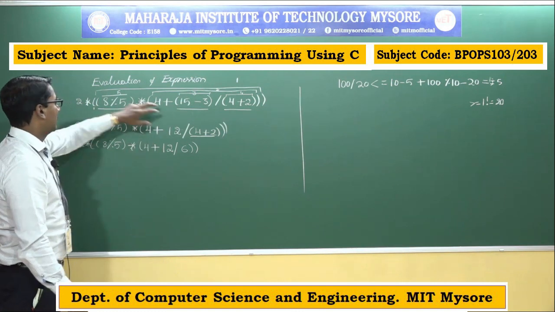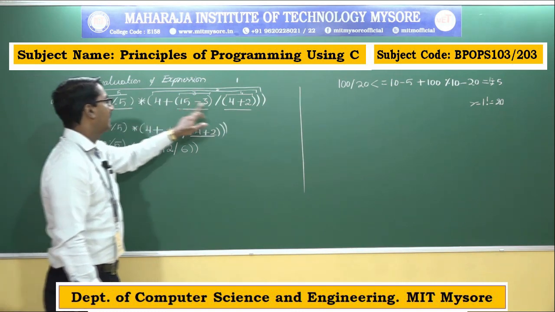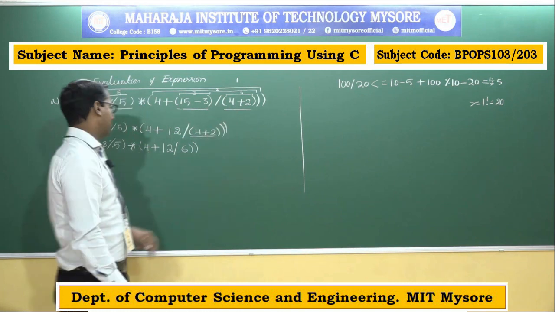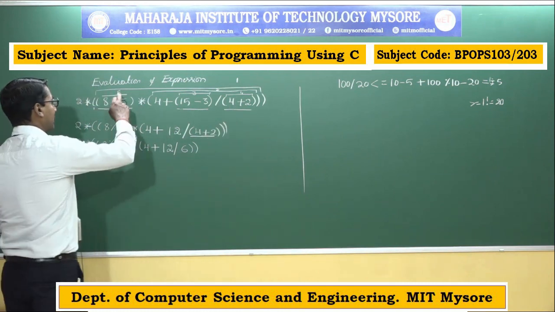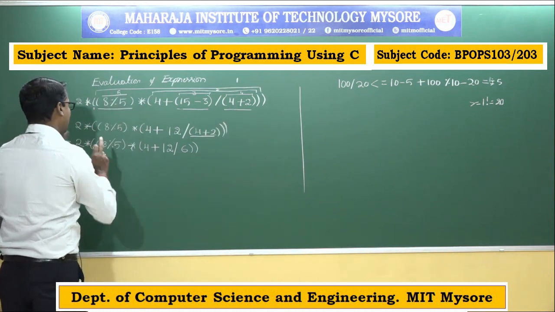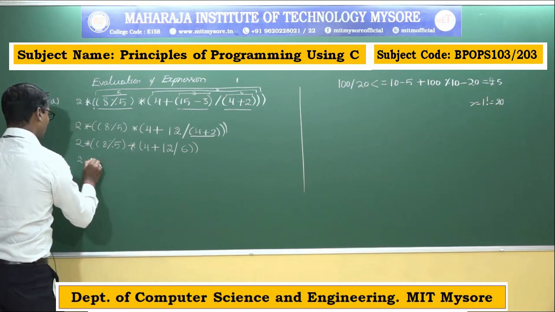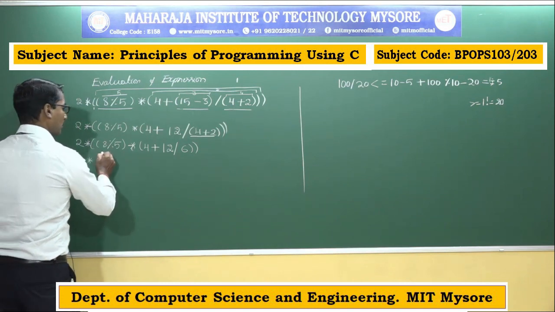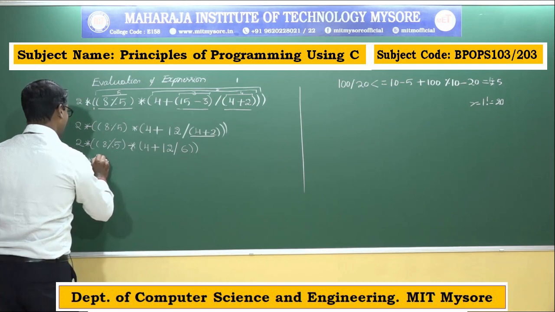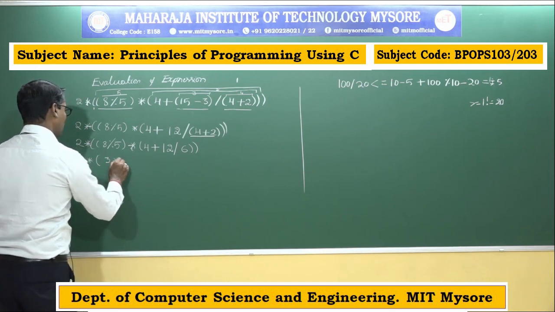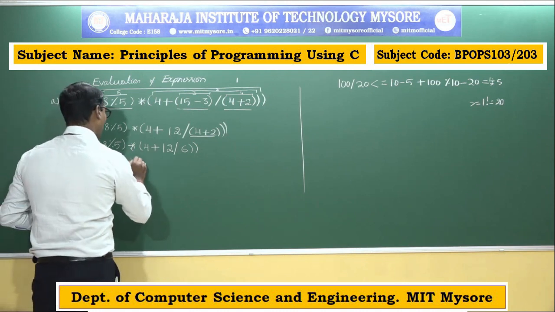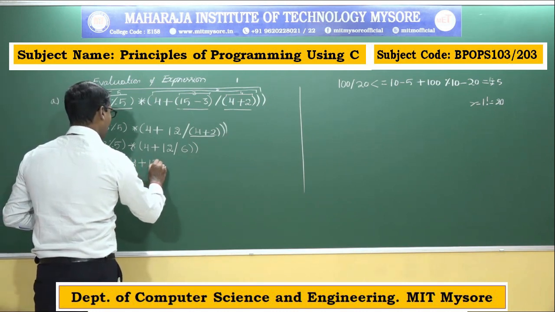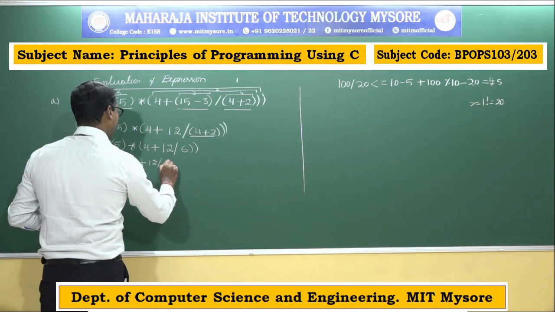So, here first 15 minus 3 is evaluated, later 4 plus 2 is evaluated. Next expression is 8 modulus 5. So, 2 into 8 modulus 5 is remainder 3, into 4 plus 12 divided by 6.